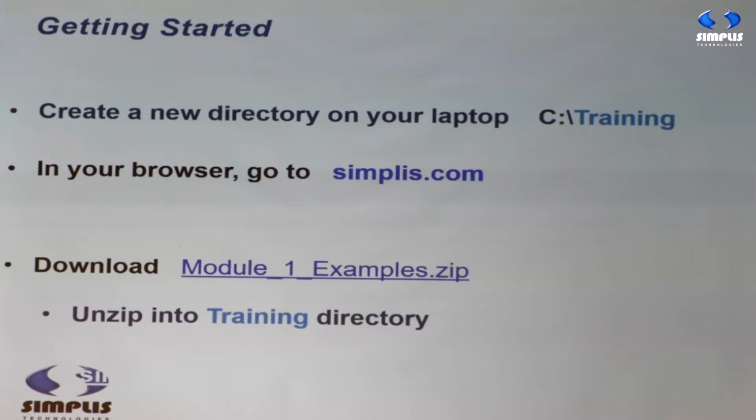Then in your browser, so Windows Explorer or Firefox, whatever you have, go to simplis.com and you should see this page. Navigate in your browser to simplis.com. If you just type simplis.com up here in the URL window, it should take you to this page. How many people are at our website?